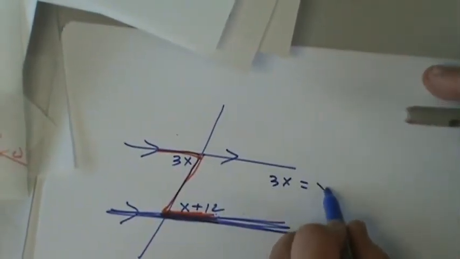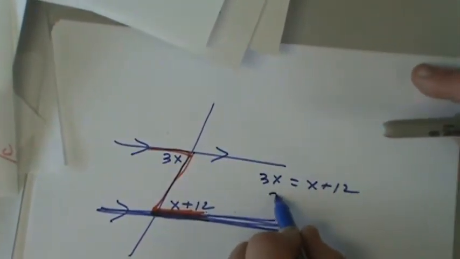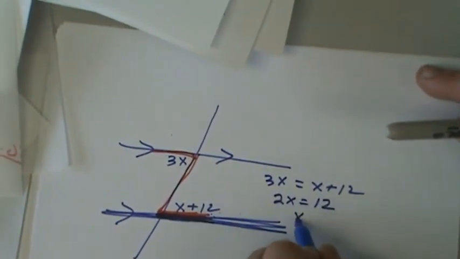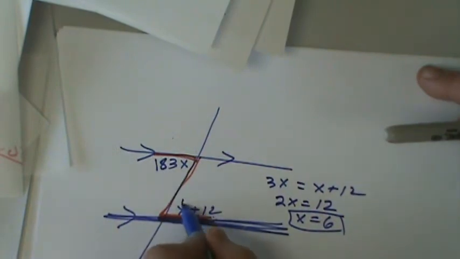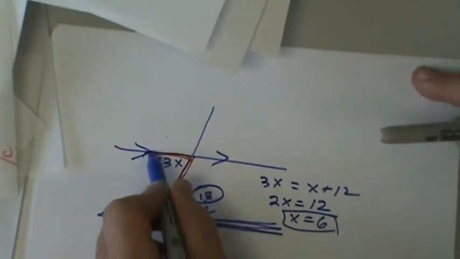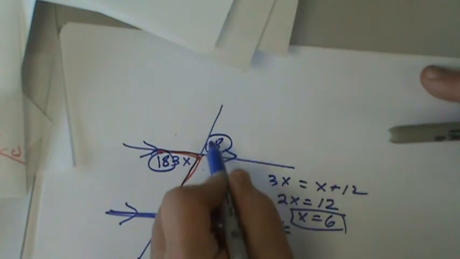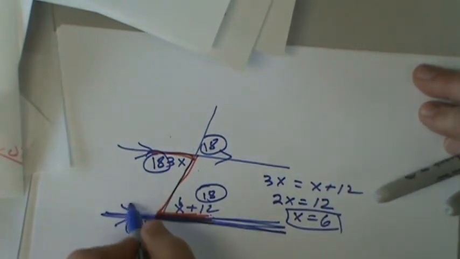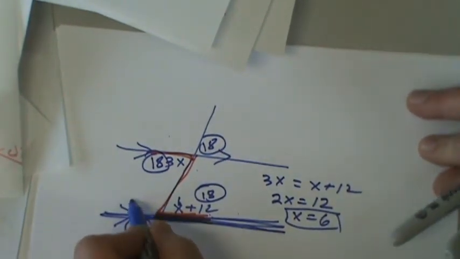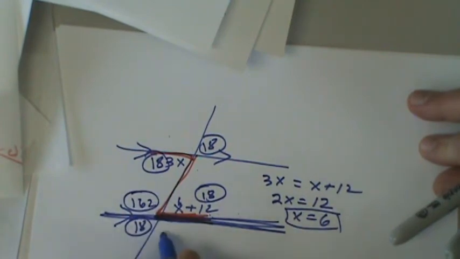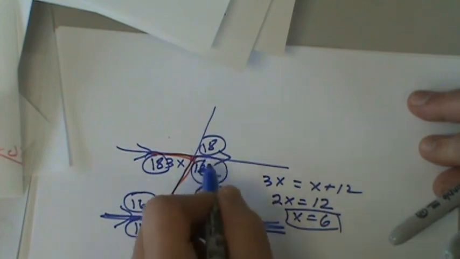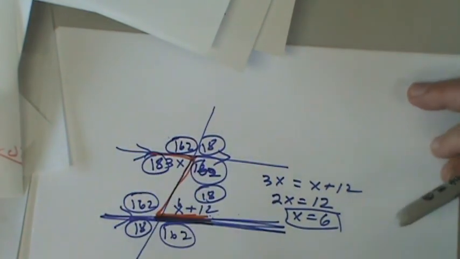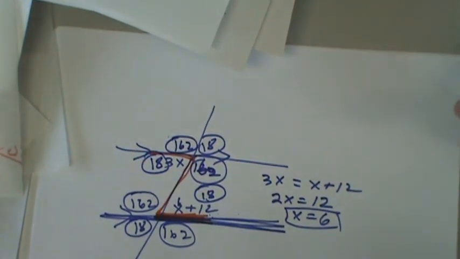So 3x is equal to x plus 12. 2x is equal to 12. X is equal to 6. So this angle is 18. 6 plus 12 is 18. Meaning this is 18. This is 18. This is 180 minus 18, 162. 162, and we have our answer. Thank you. But please make sure you do the example with patty paper.